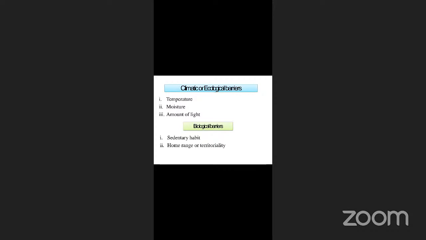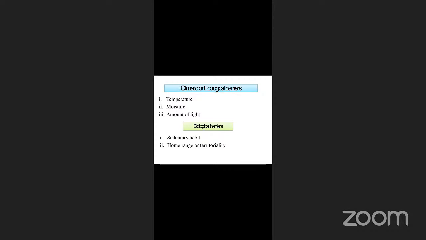Some countries have sunlight only for some portion of the year, whereas some countries have sunlight throughout the year. And some forests are so thick or dense that you don't see any sunlight there. So availability of light also. All these are the climatic or ecological barriers.